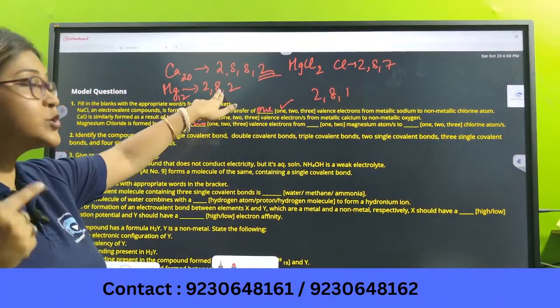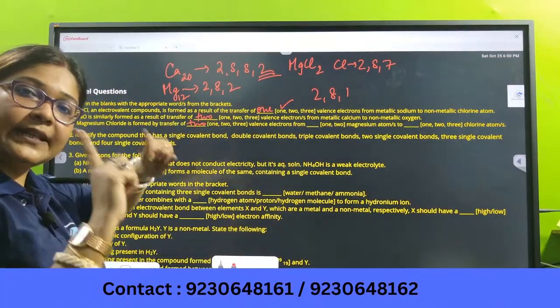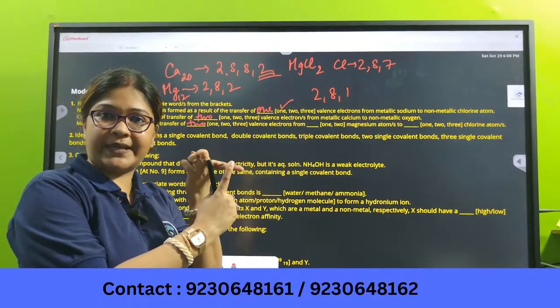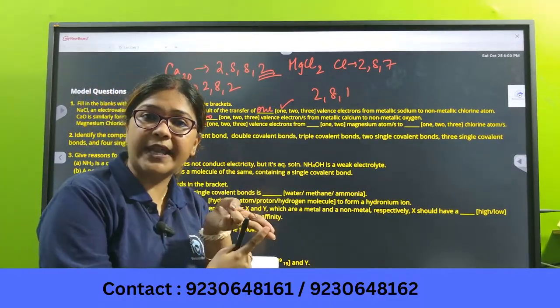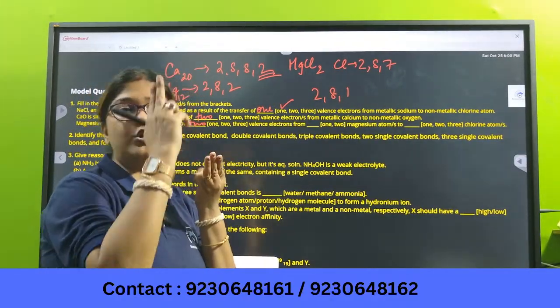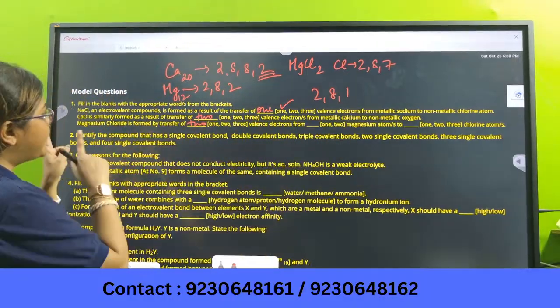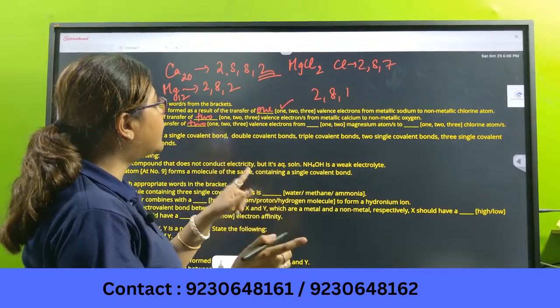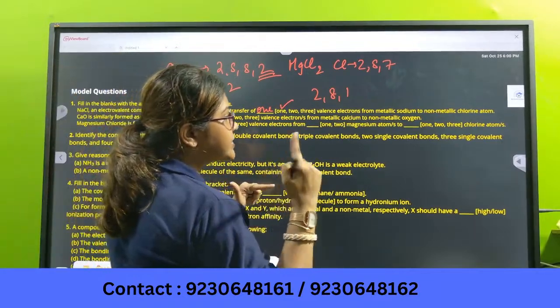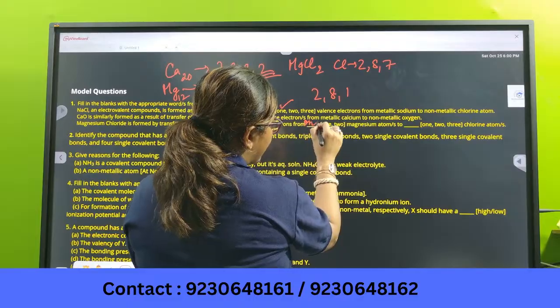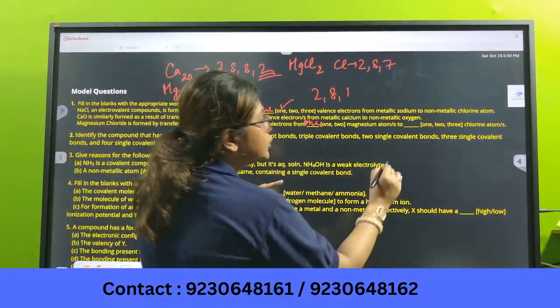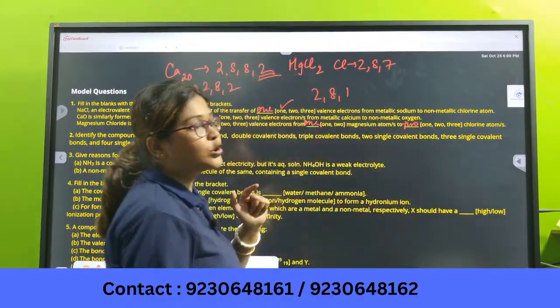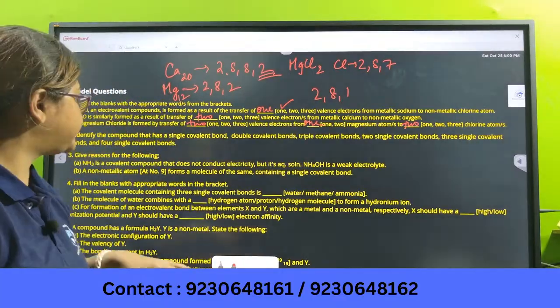But magnesium has 2 electrons extra. That means 1 magnesium atom can donate its 2 electrons to 2 chlorine atoms. Therefore, magnesium chloride is formed by transfer of 2 valence electrons from 1 magnesium atom to 2 chlorine atoms. Clear?